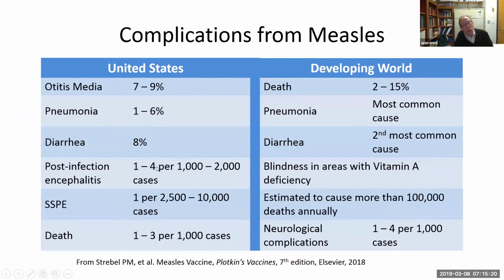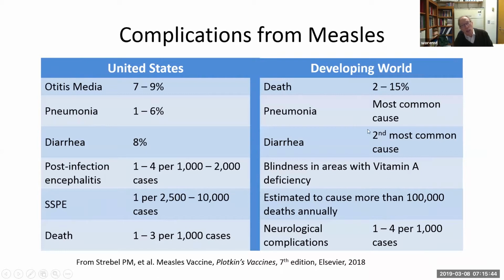Another thing which leads to brain damage is post-infection encephalitis. And one thing that occurs on average about 7 years afterwards is something called subacute sclerosing panencephalitis, which is a chronic encephalitis universally leading to death. And we see about 1 to 3 deaths per 1,000.